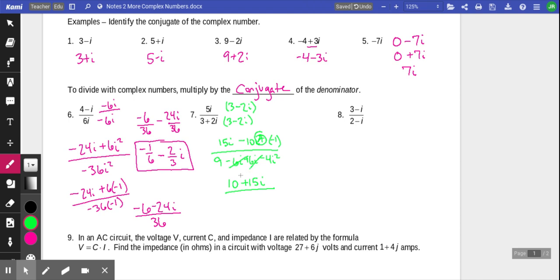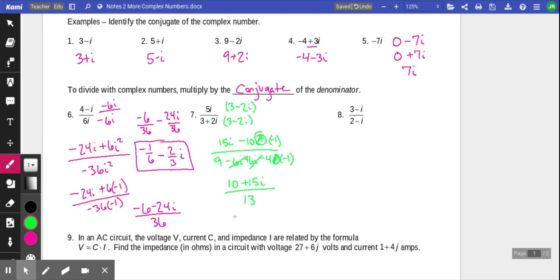If you multiply them, they will always cancel out. And then i squared is the same thing as negative 1. So what we had was 9 minus 4 times negative 1. So negative 4 times negative 1 is positive 4. So 9 plus 4 is going to give me 13.